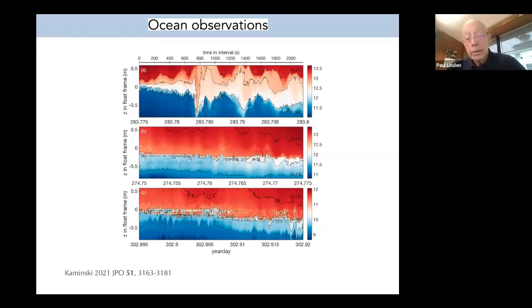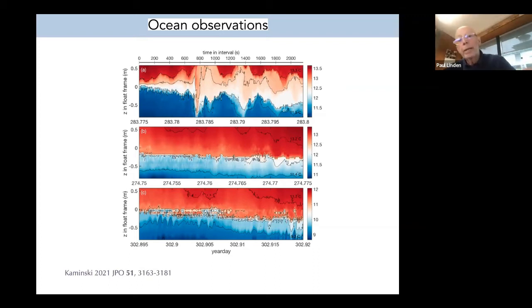but they're rare actually. And what we see more often is shown in the second and third panels. The second panel just shows this very sharp interface with small fluctuations about it over a long period. And the one at the bottom shows similar structure, but perhaps for the first 800 seconds on the left, you see what appears to be small scale mixing.